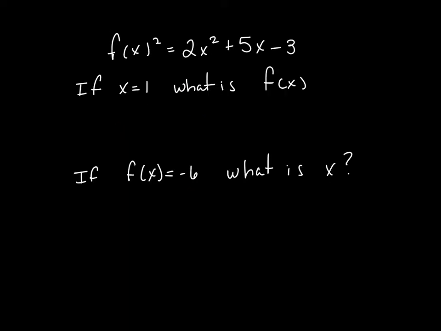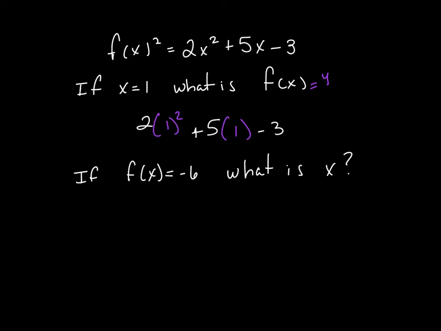All right, so the first question is saying if x is equal to 1, what is f of x? So remember, what they're really asking is to plug that in and find out what y is. So if I go ahead and do that, I have 2 times 1 squared plus 5 times 1 minus 3.